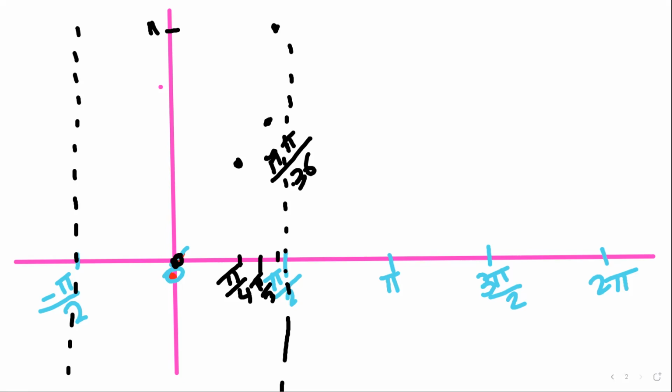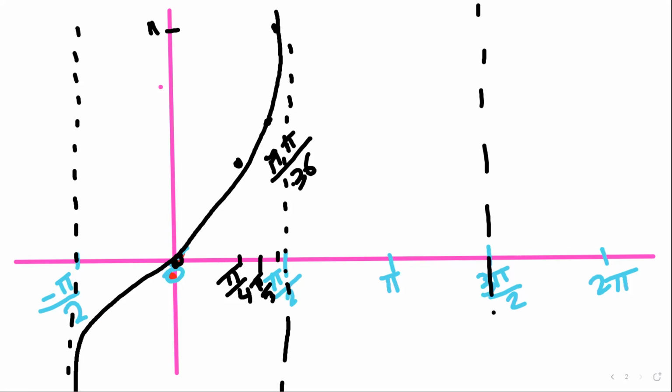So after you have more angles from negative pi over 2 to pi over 2, you'll find that the graph of the tan will be like this. And from pi over 2 to 3 pi over 2, it will repeat itself.